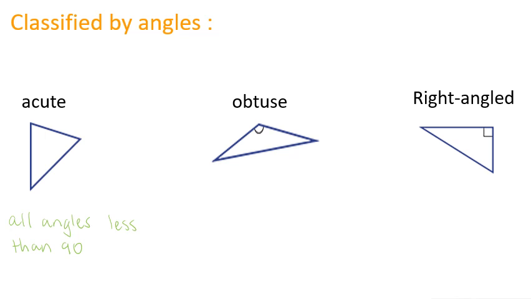An obtuse triangle is when one angle is more than 90. And a right angle, I'm sure you all know, means it has a right angle, which is a 90-degree angle.